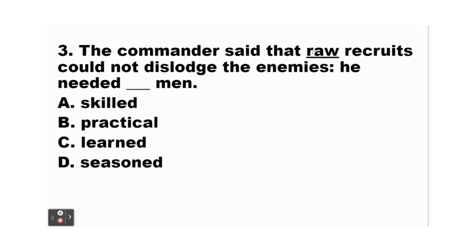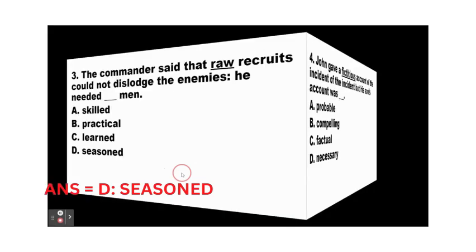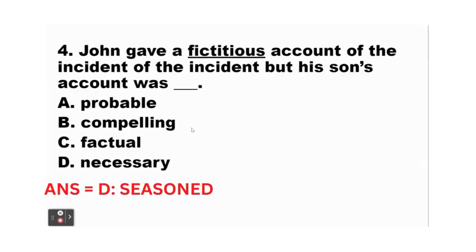But when we look at the kind of words that are used in describing soldiers, then D is more appropriate. Seasoned. Raw has to do with inexperienced, people who are inexperienced in the art of war, but seasoned soldiers are people who are experienced already in the battlefield. So option D is the correct answer.